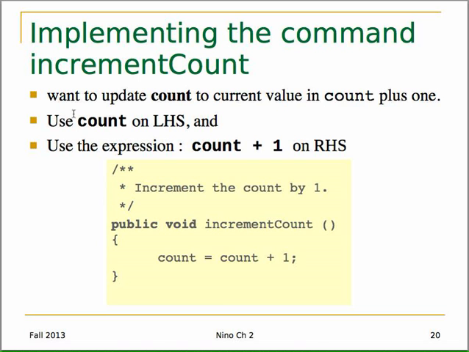So we have to use count on the left-hand side, so you have to say count is equal to something. On the right-hand side, we use the expression count plus 1. You might think that you could do count is equal to count plus plus. Now that's something that on the surface looks like it should work, but it doesn't. So doing count is equal to count plus plus does not work. And if you want to figure out why, you try it or ask me in class.